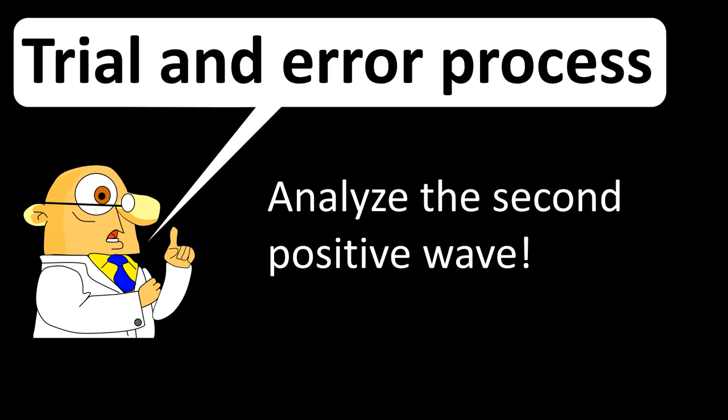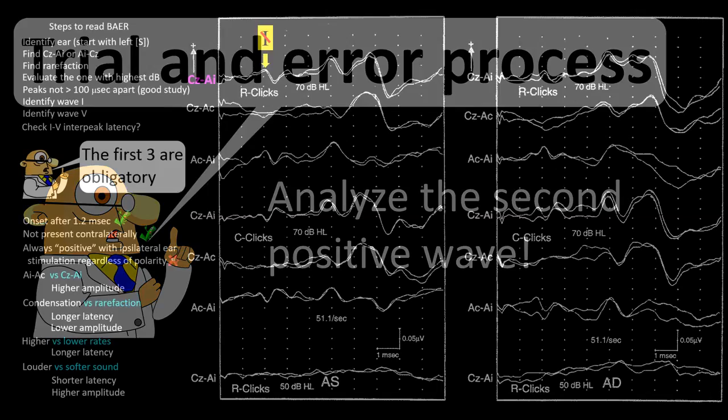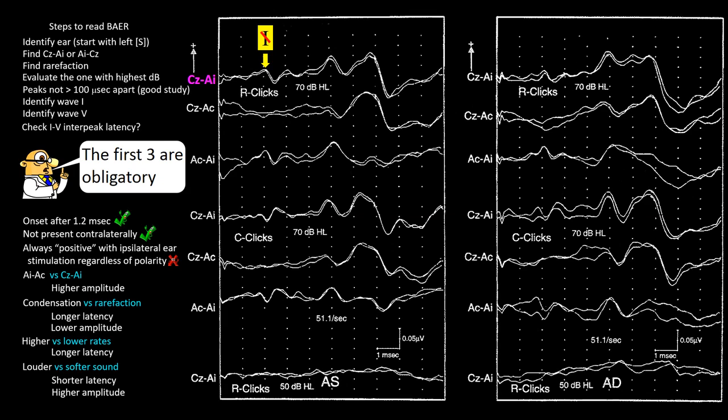Then go on to analyze the second positive wave. So now that we know that the first positive wave is not wave 1, it is time to start again, considering the next positive wave as indicated in this frame.